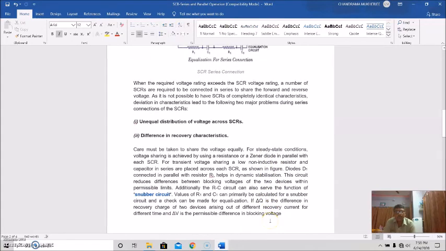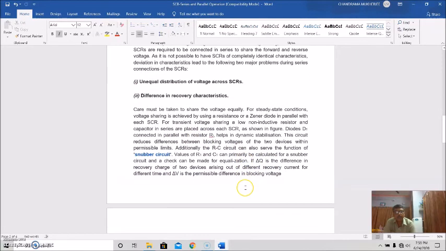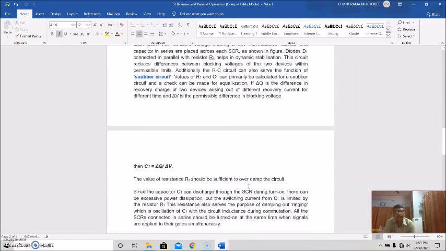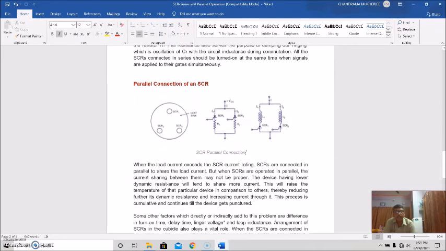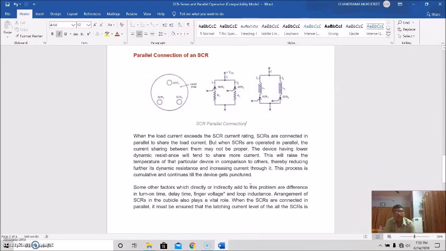And there are some important factors to be taken care of during parallel connections. You have to select the SCRs in such a way that the mismatch between latching current, holding current, trigger voltage, etc. is less, and parallel-connected SCRs are to be mounted on the same heat sink.